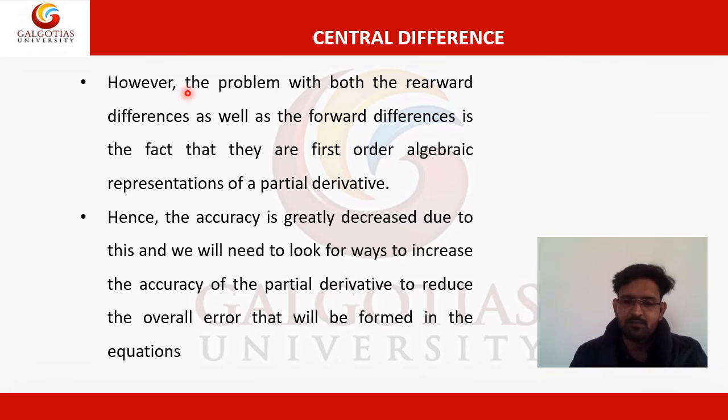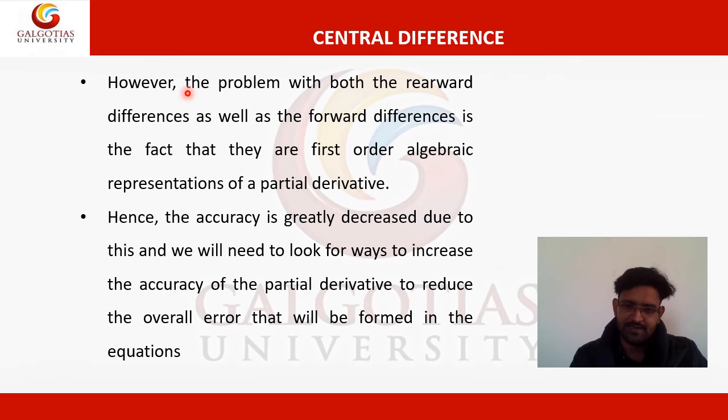However, the problem with both the forward difference and backward difference is that they are first order algebraic representations of the partial derivative. So either we apply the forward difference approach or backward difference approach, we find that these partial differential equations can be represented as a set of algebraic equations, and we are neglecting the error terms, because we are not considering them. So what is happening?